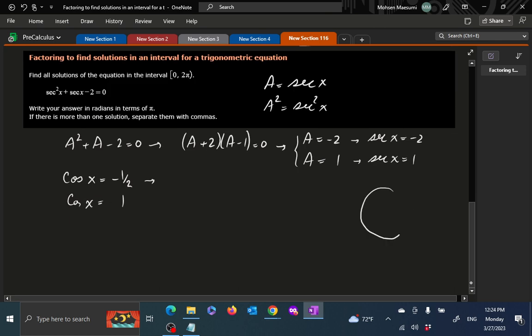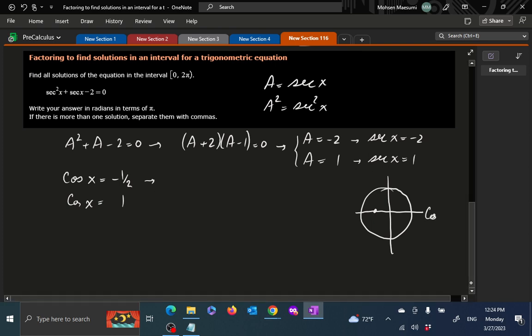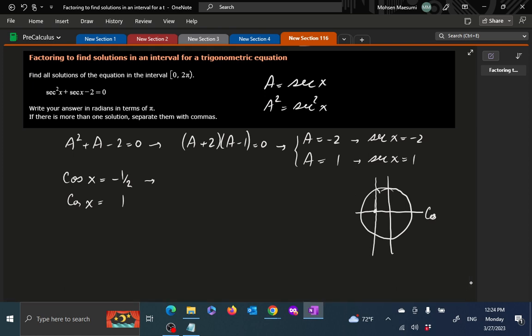We draw the unit circle. Remember, this is the cosine axis. Minus 1/2 is somewhere here, and we draw a vertical. These are the two angles. This one, excuse me, to here, or go all around and come to this one.